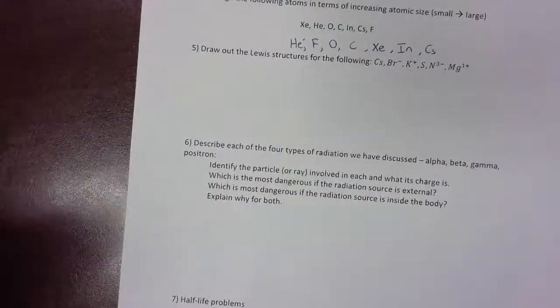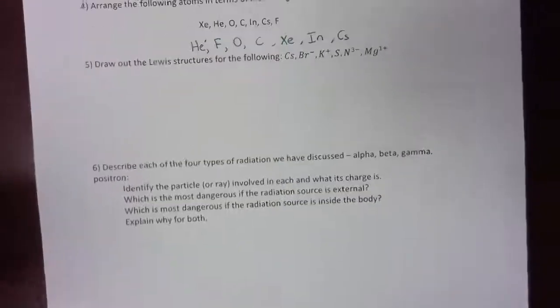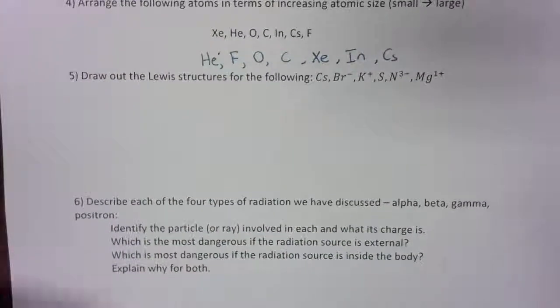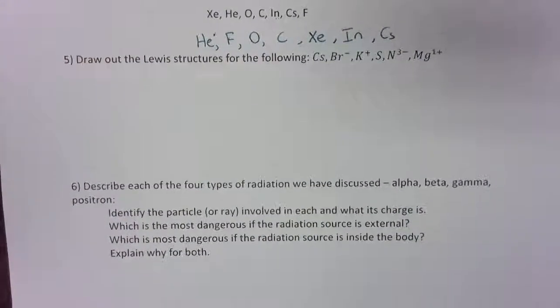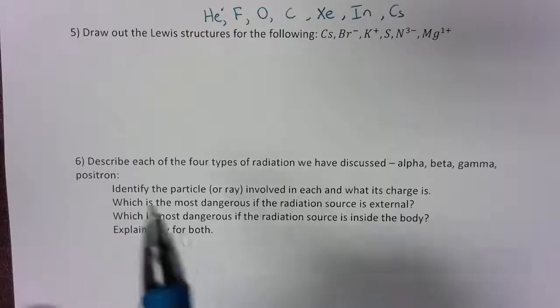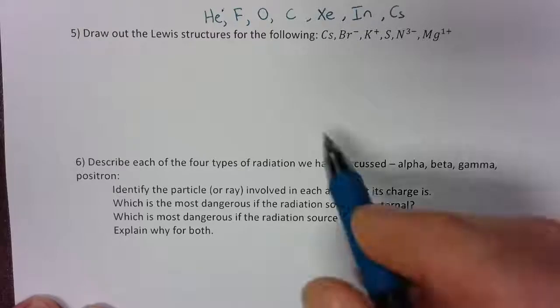All right, number 5. Five says, draw out the Lewis structures for the following ions. Okay. So again, you're going to need your periodic table for this one, but I'm going to just do it without the periodic table because I know what these are.